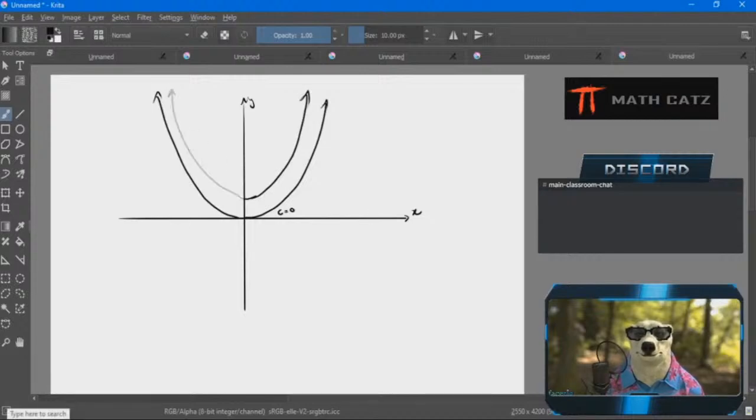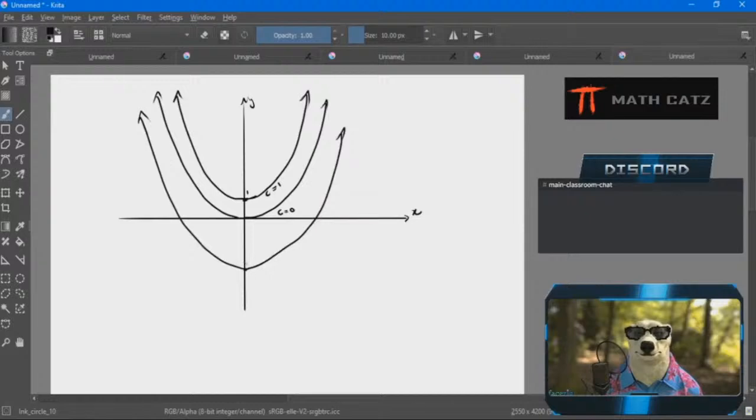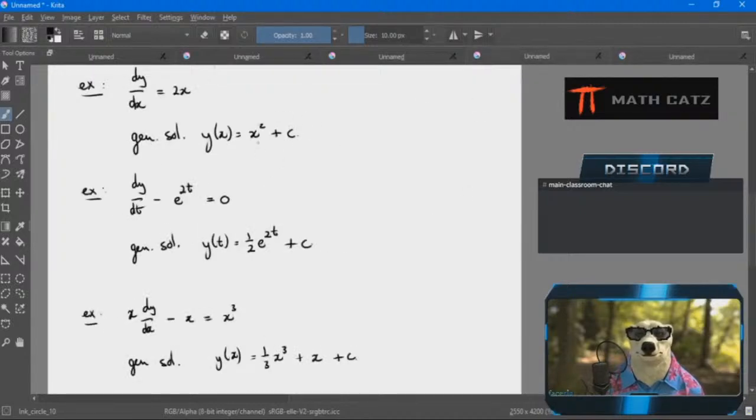Ooh, little wobbly there. Which has c equal to 1, let's say. Are you looking for this one? Which has c equal to -3, perhaps. There are infinitely many. Which one do you want? You're going to have to tell me a little bit more so that I can narrow down and know which one in particular you want.